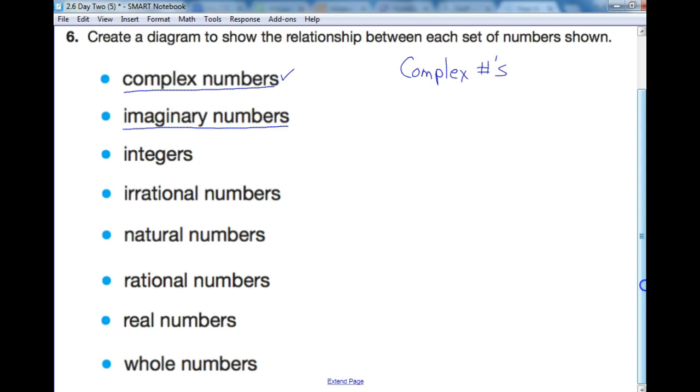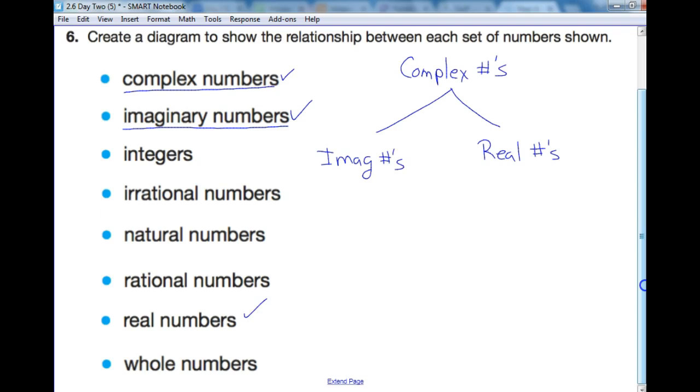What are the two categories that will fall underneath complex numbers? Well, a complex number has two parts, doesn't it? It has a real part and an imaginary part. So we are going to have two categories: real numbers and imaginary numbers.